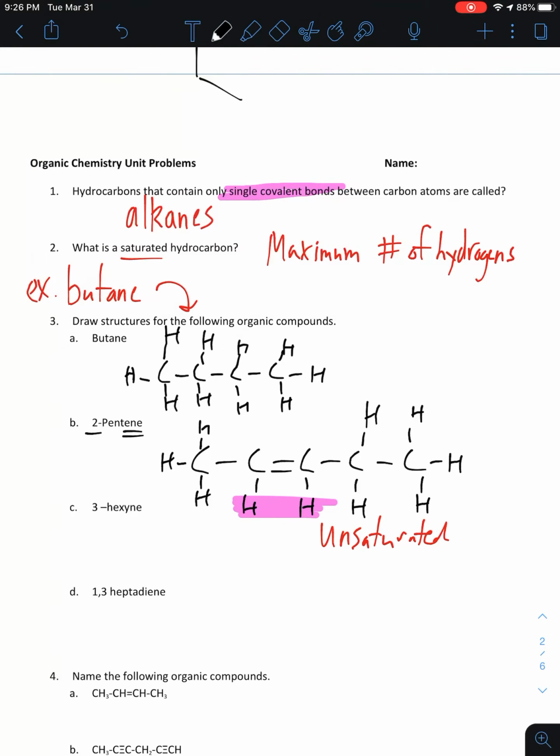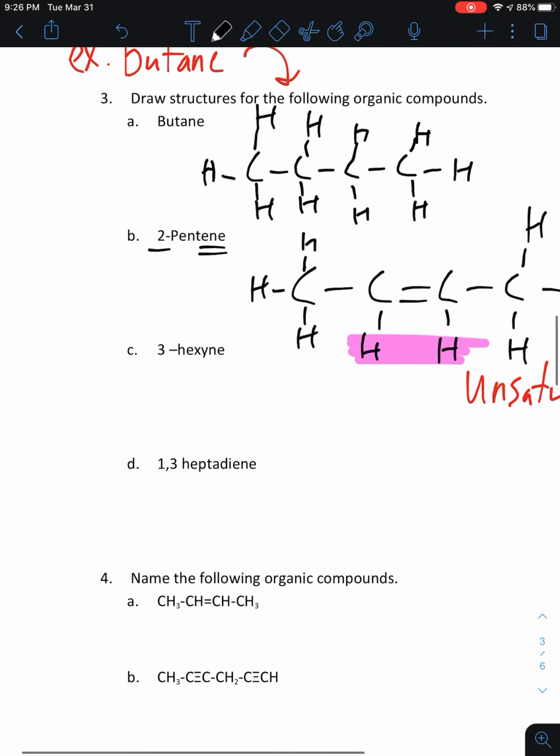Okay. Next one. Hexyne. Well, hexane is 6 carbons. So for hexyne, there's going to be a triple bond in there somewhere. And it's on the 3rd carbon. So 1, 2, 3rd carbon here. And then we just add our hydrogens in.